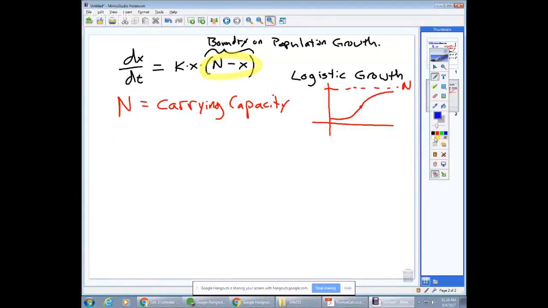In reality, what happens is we get more of an oscillation. If this is the carrying capacity, the population starts increasing toward that and goes over it. You haven't exceeded the resources yet, but once you have too many people, all of a sudden resources become very limited, populations get too dense, diseases increase, things like that, and then the population starts to decrease and drops down again.